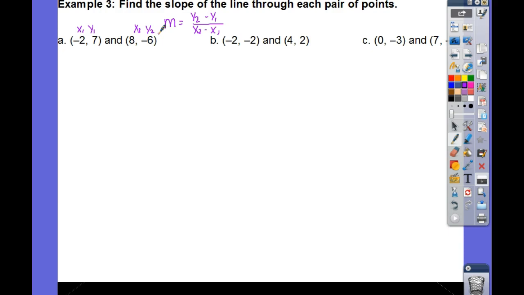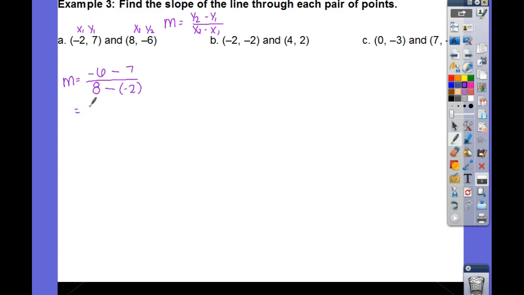So if I make this my y2 and I plug that in first, then the 8 goes in x2 directly below it. So points have to sit stacked. So it's -6 minus 7 over 8 minus a -2.